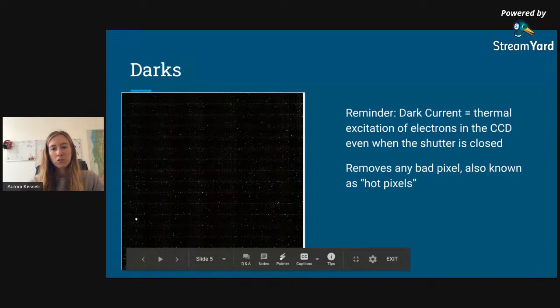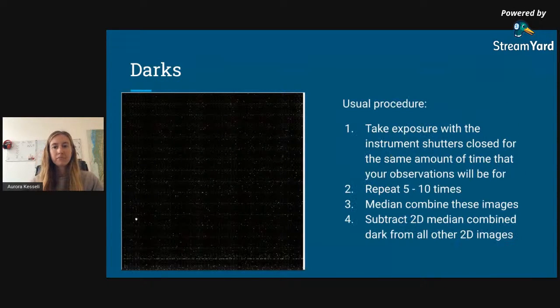And so in order to remove them, what you normally do is you take exposures with the instrument shutter closed, so you don't actually let any light go through the slit. And you take those for the same amount of time that you'll be doing your observations for.